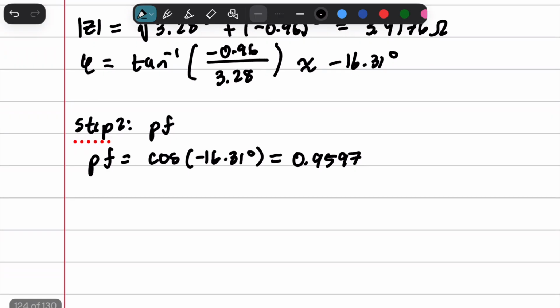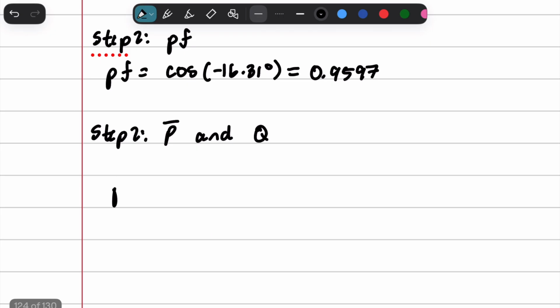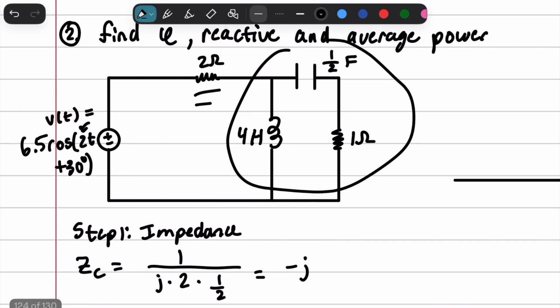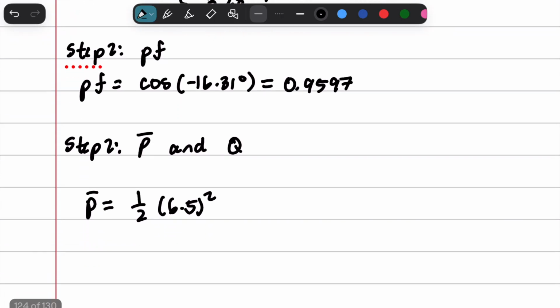Finally, we are going to find the average power, and we can knock out the reactance as well. So using one of our formulas, we'll just use the same formula because it's all the same thing. Just remember all of them. So 6.5, I got that from here because that's the maximum amplitude.